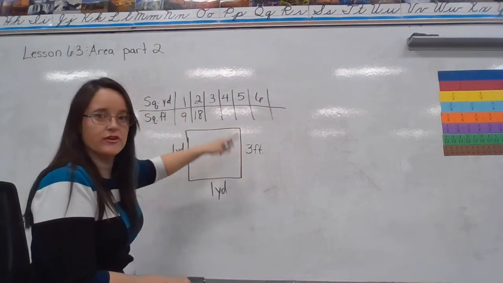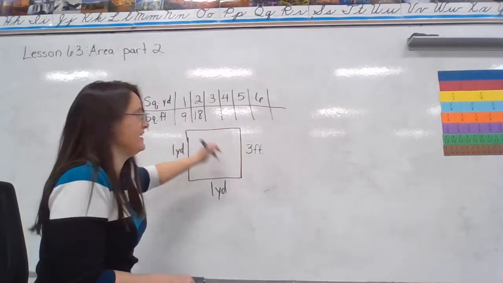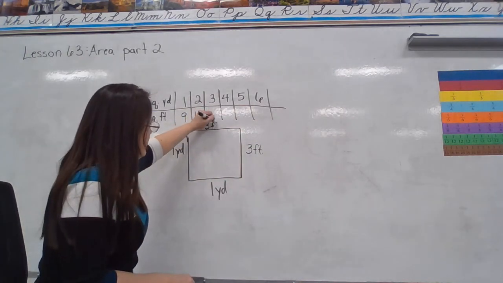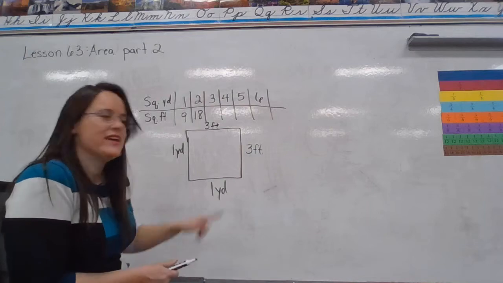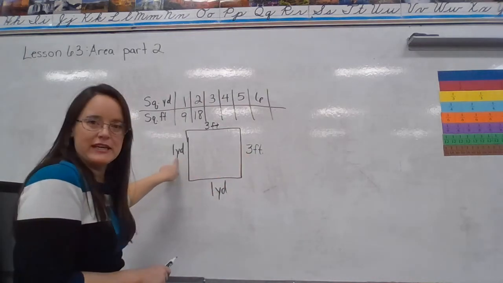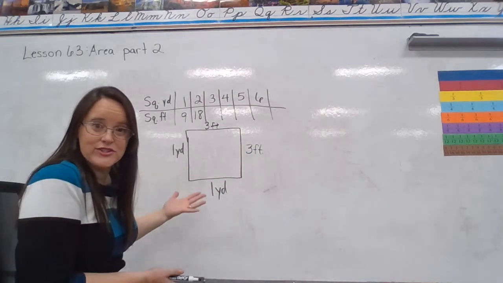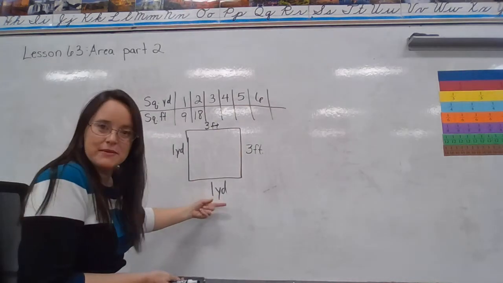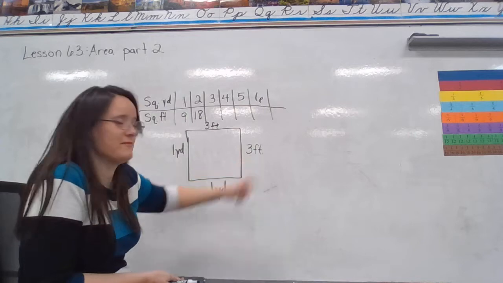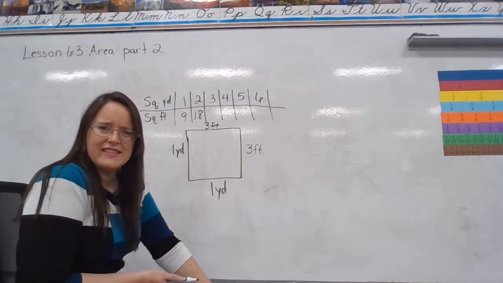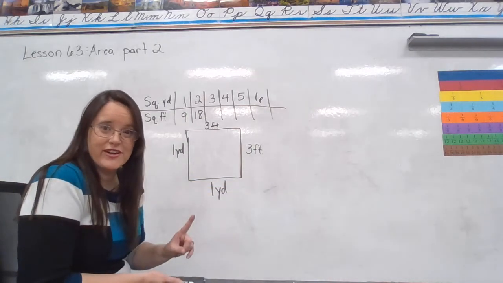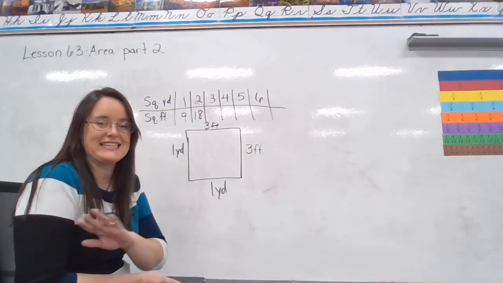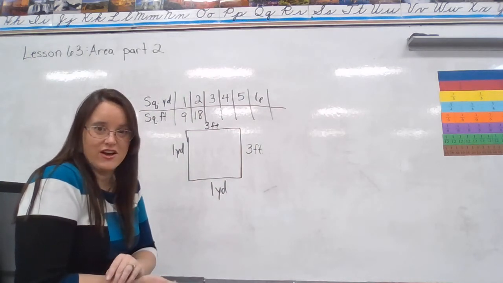So I'm going to mark 3 feet here and 3 feet along the top. Now it looks like I'm doing something funny because I have a square here, so I know that all the sides are the same, but I labeled some of them as a yard and some of them as 3 feet. That looks strange. However, 3 feet is the same thing as a yard.